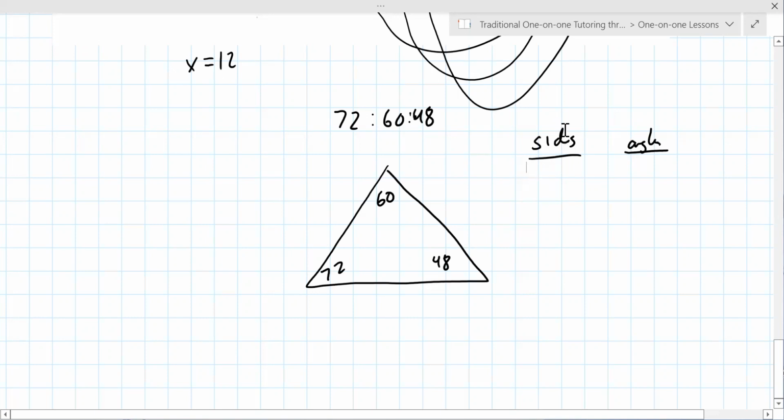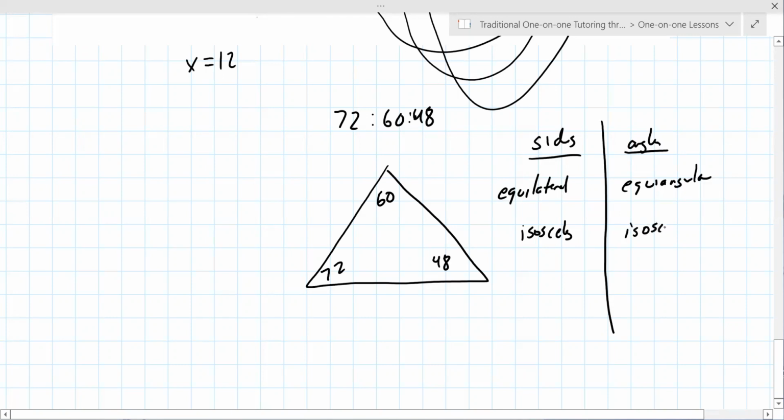Do you remember any words that refer to sides or angles in terms of the type of triangle that it could be? Isosceles. Okay, so isosceles. Equiangular. Yep. So some of them have a corresponding one. Like equiangular corresponds also to equilateral. So that's all sides, that's all angles. Isosceles generally refers to sides, but it also refers to angles. So I guess we could go both ways on that.